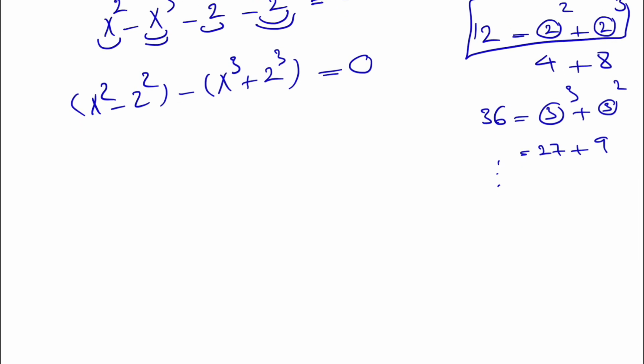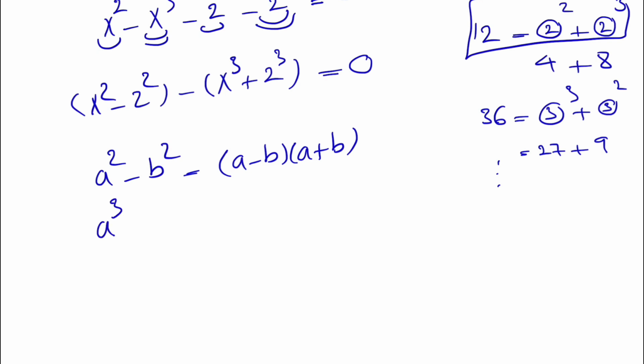Now we have algebra formulas, where in the first one we have the difference of two squares, a squared minus b squared, which will be a minus b times a plus b, and we have the addition of two cubes, a cubed plus b cubed, which will be a plus b times a squared minus ab (the middle one has a negative sign) plus b squared.